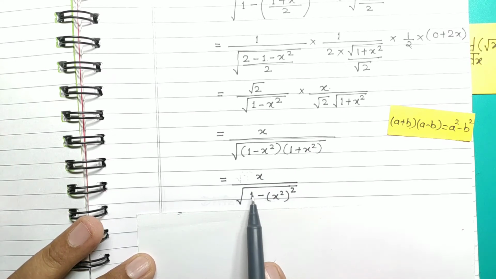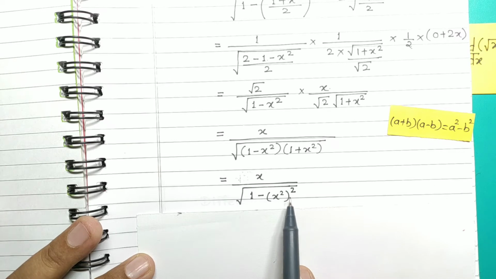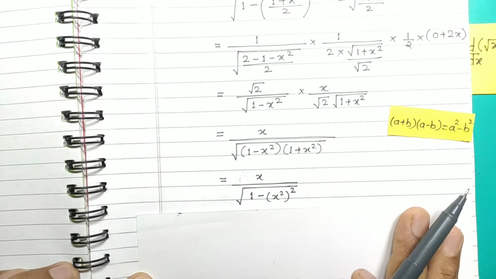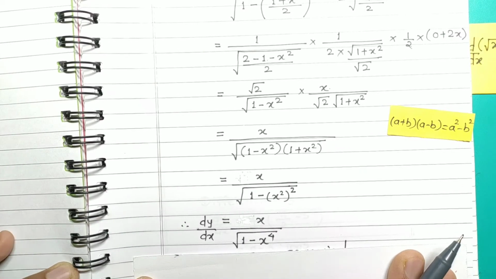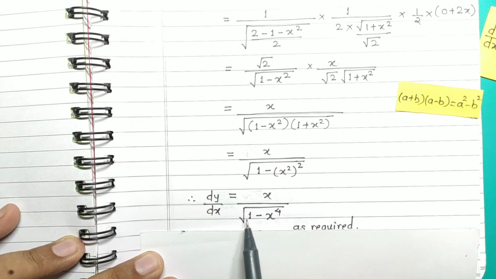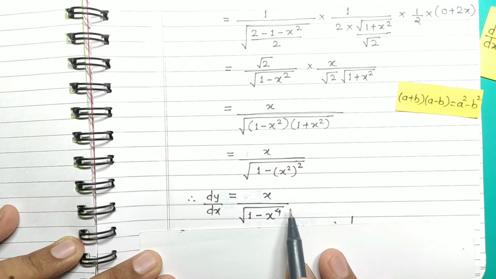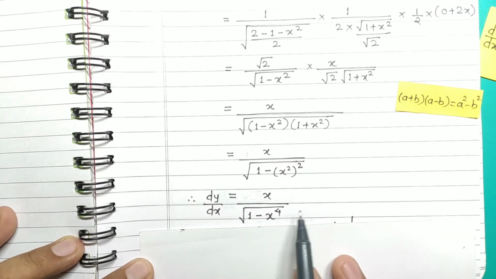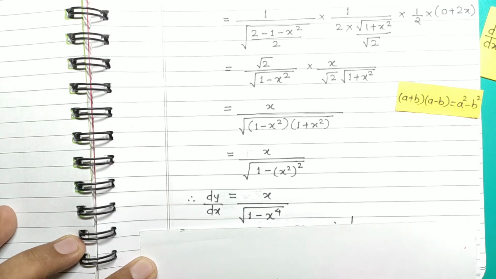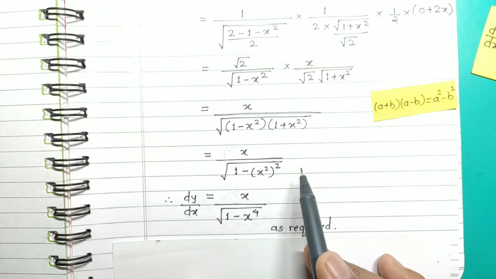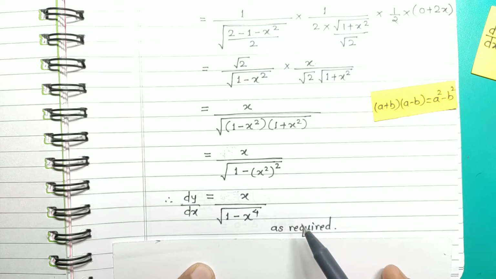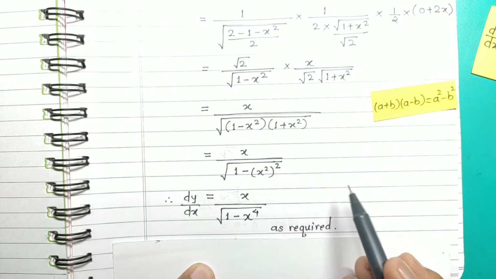So we have x upon root of 1 minus x square its square. So finally dy by dx is equal to x upon square root of 1 minus x raised to 4 as the required derivative. So this solution contains algebraic simplifications that we have to do accurately.